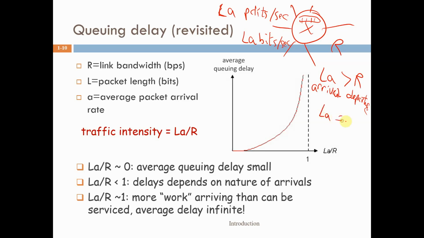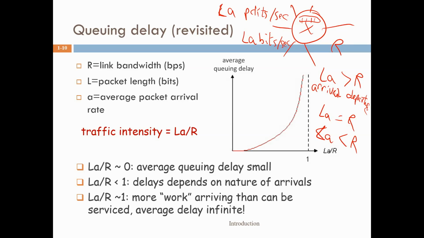If LA is equal to R, that means you are actually at a dangerous stage. If LA is less than R, then the queuing delay will decrease and eventually the queue will be empty and things would be nice. If LA is equal to R, then you are actually on the verge. If it increases a little bit, the queuing delay will start to increase.